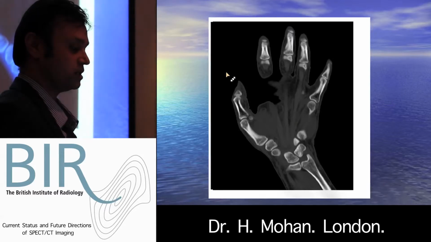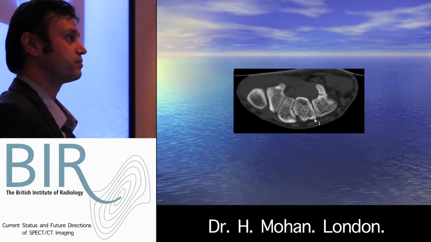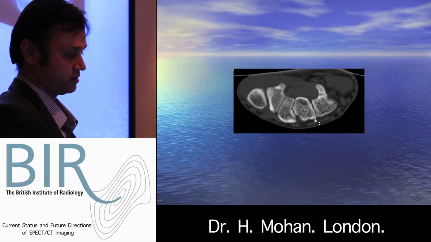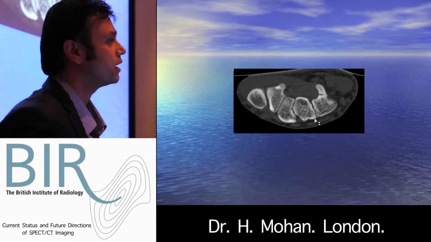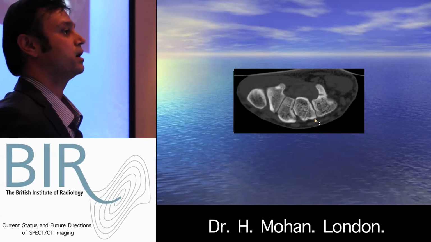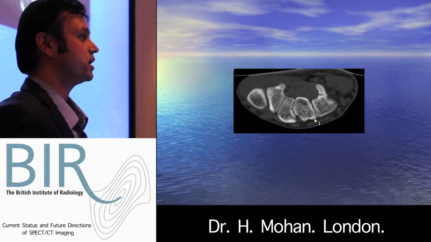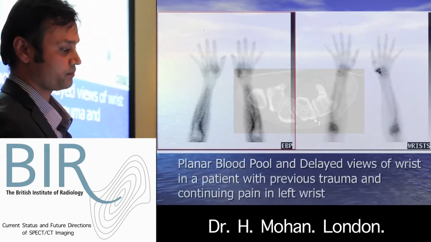And on the CT, it corresponds nicely to a hook of hamate fracture. It's much easier now for us to say this is where the problem is, and for the clinician it's a clear-cut diagnosis made.